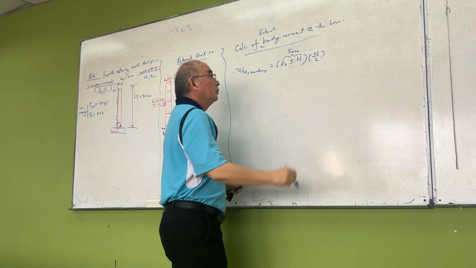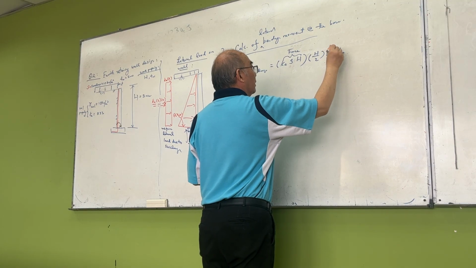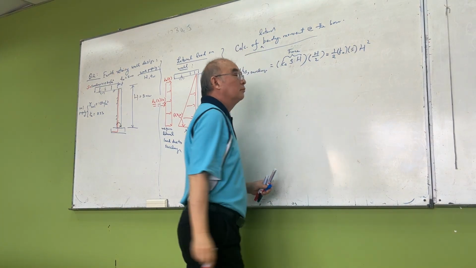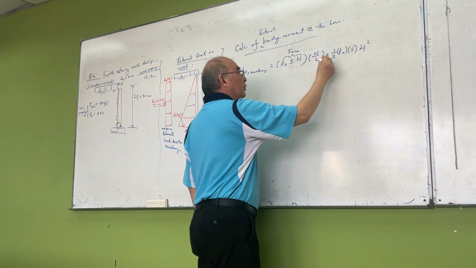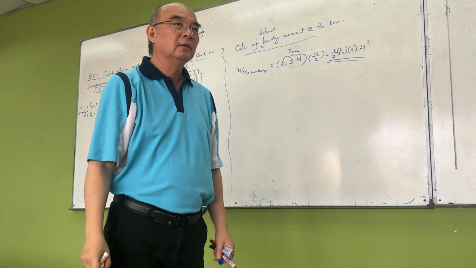So this is equal to 1/2 of Ka S H squared. We can memorize this one: 1/2 Ka S H squared.